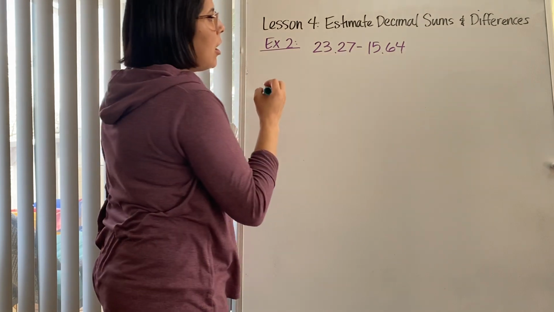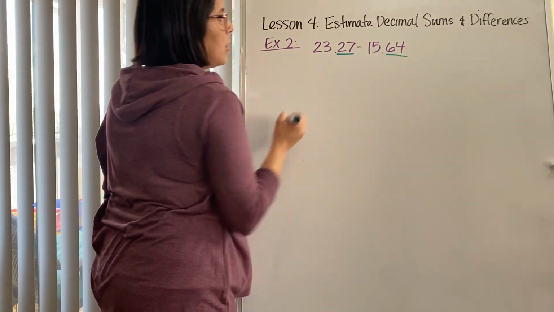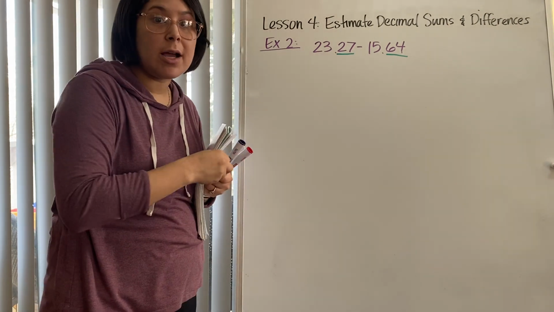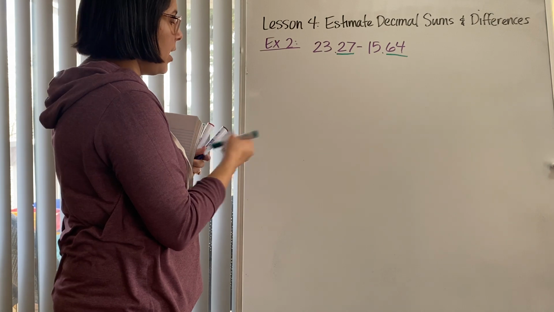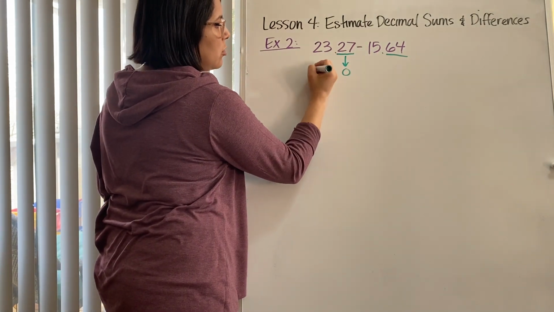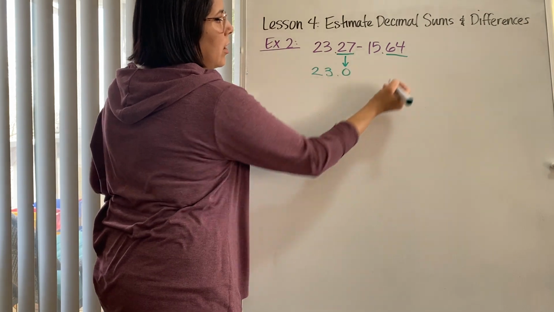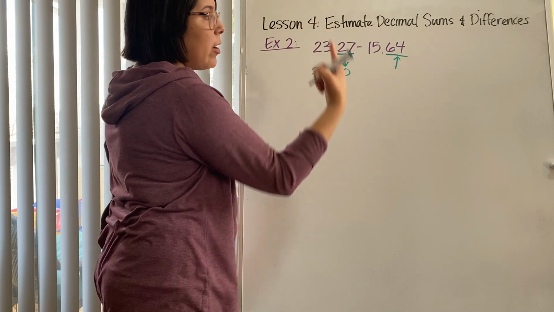So for whole numbers, I said you guys got to look at these numbers. Okay, do they round up or down? Are they closer to 100? Or are they closer to 0? Okay, well, this one is closer to 0. So this would round to 23.0. This one is closer to 100. So it's going to round up.